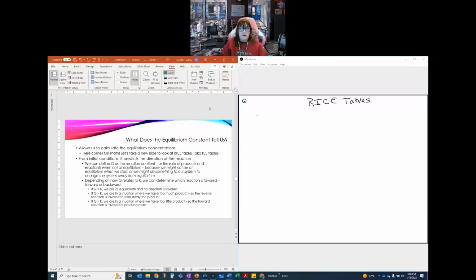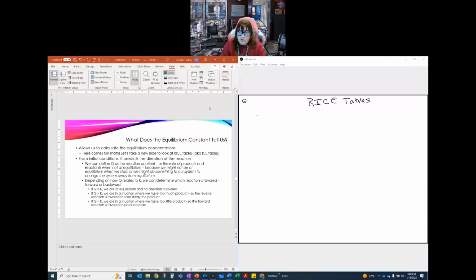But the other thing that we can do is use the equilibrium constant to calculate initial concentrations, equilibrium concentrations, the actual value of K. We can use the setup for that to use initial values and equilibrium values to actually calculate the K, which we've done previously. All right, we can do a lot of calculations with these things.